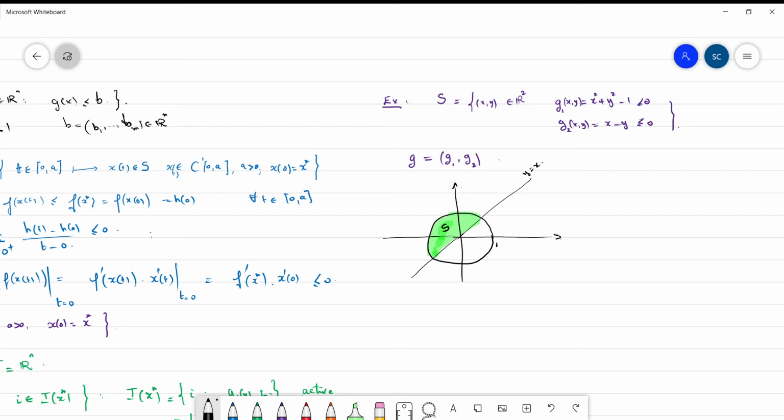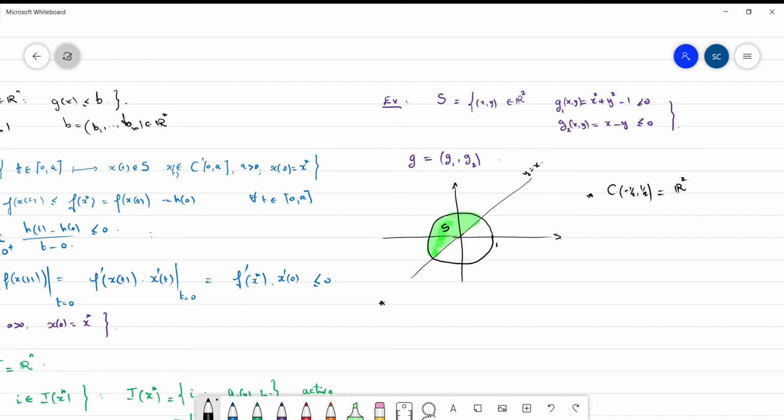Since it is interior, I know that the cone at (-1/2, 1/2) will be the whole plane. Now, what about the point with coordinates (-1/2, -1/2)?